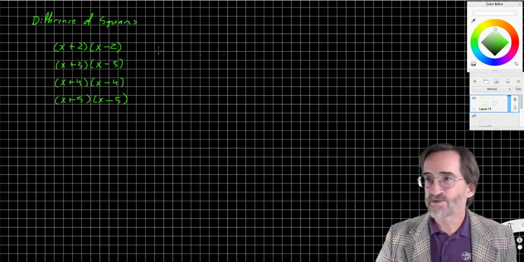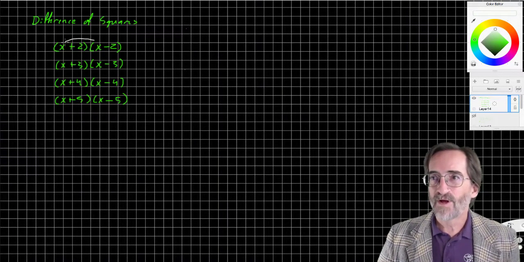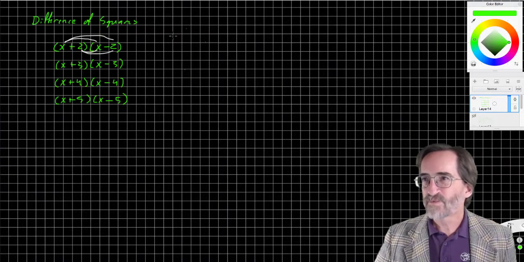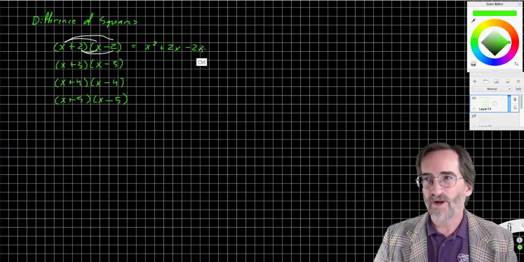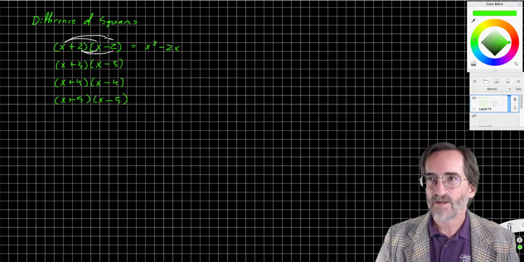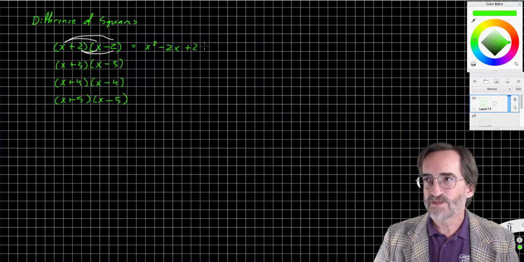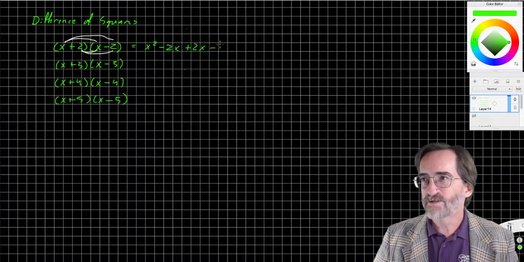Okay, let's use distributing. So we're going to multiply x by x and x by negative 2, 2 by x and 2 by negative 2. We get x squared minus 2x plus 2x minus 4.